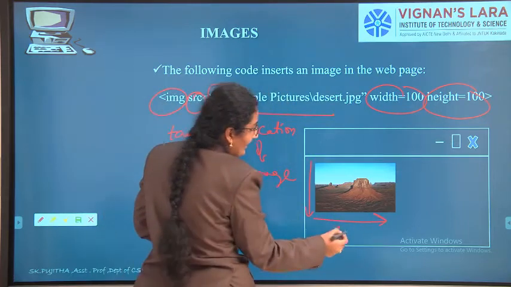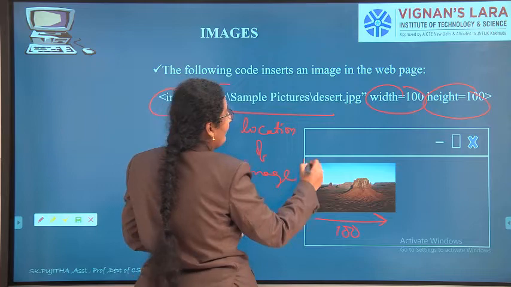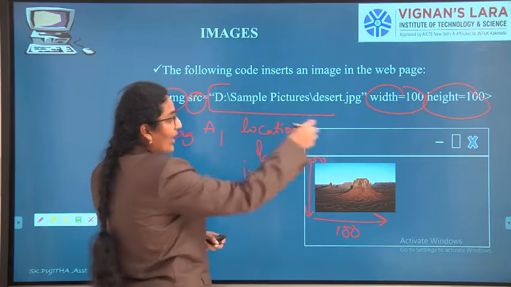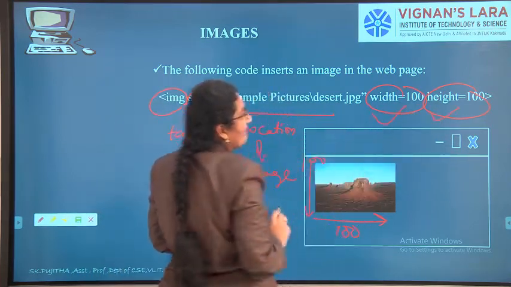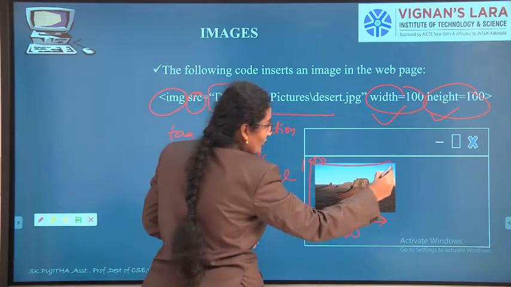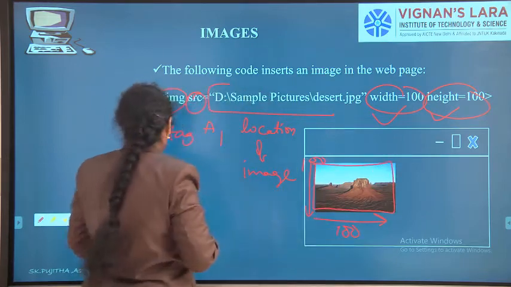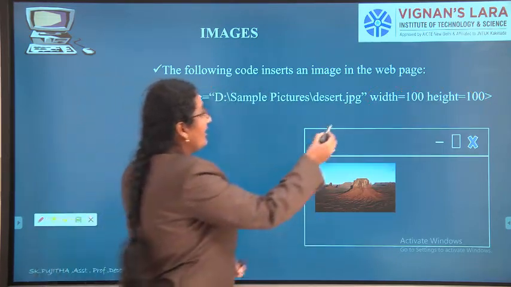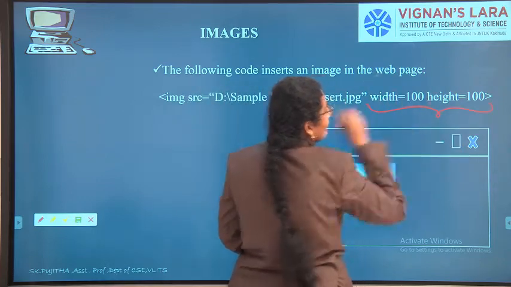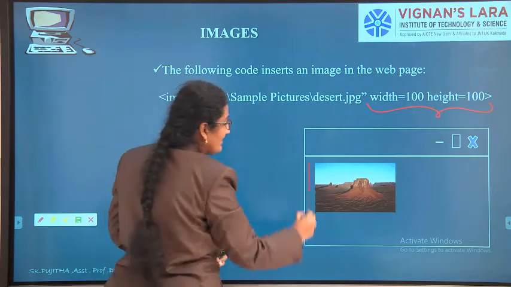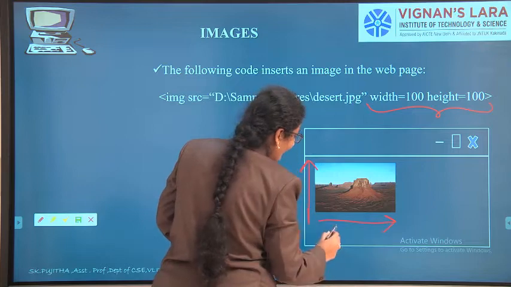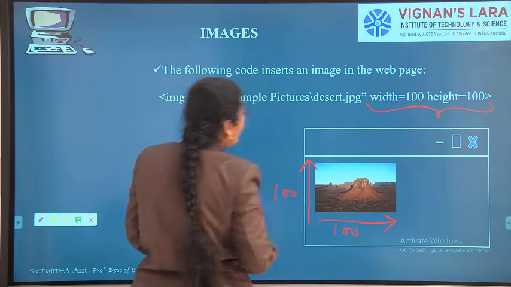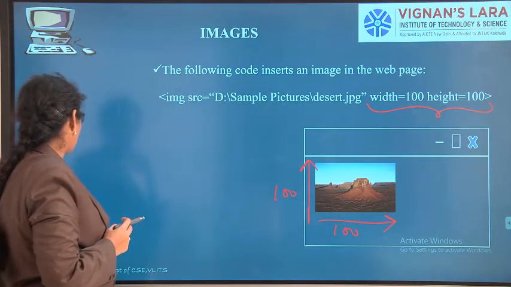I have given width as 100 and height also as 100. So the image is displayed only with 100 height and 100 width.